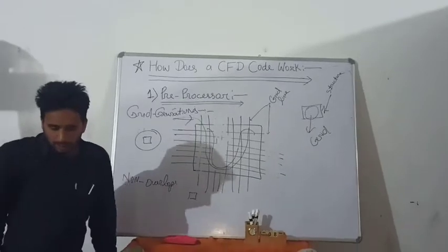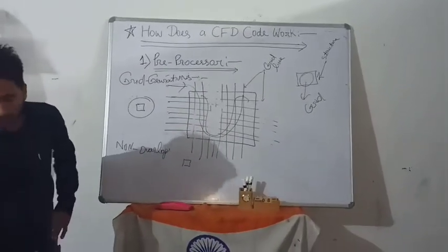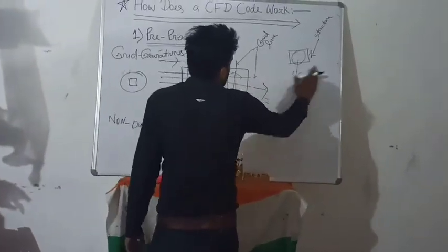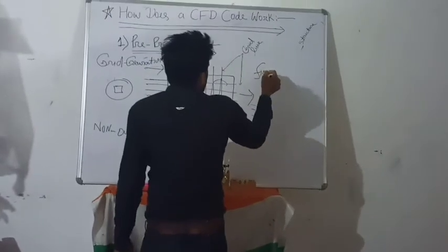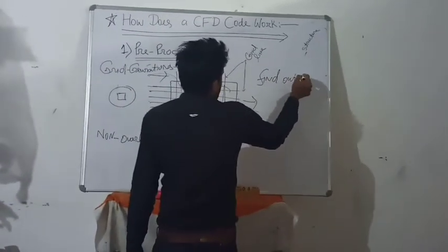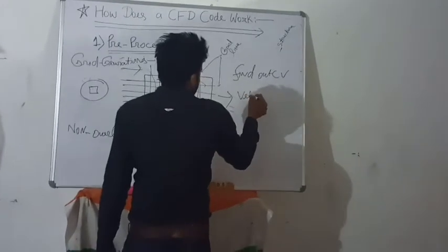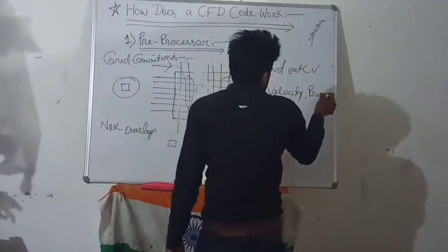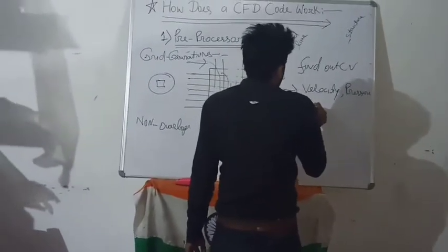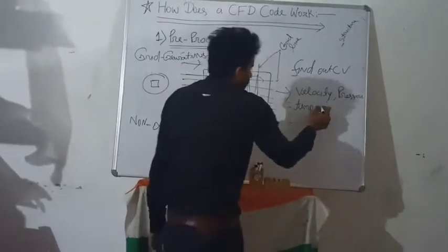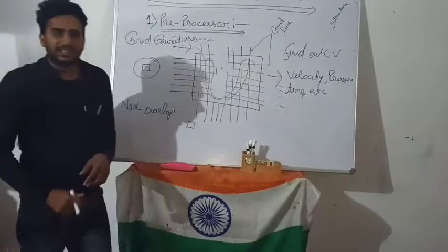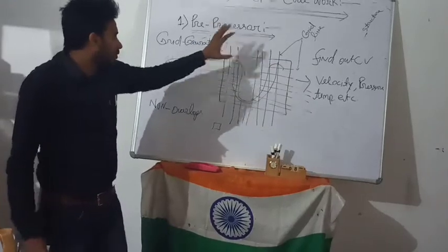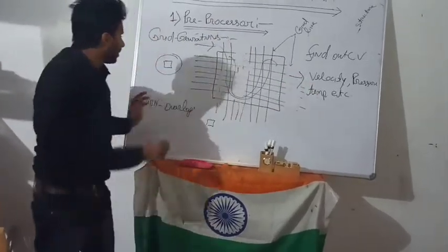Then next is to find the solution of the fluid flow problem: velocity, pressure, temperature, etc. For any fluid flow problem, we find the velocity, pressure, temperature and any control value.